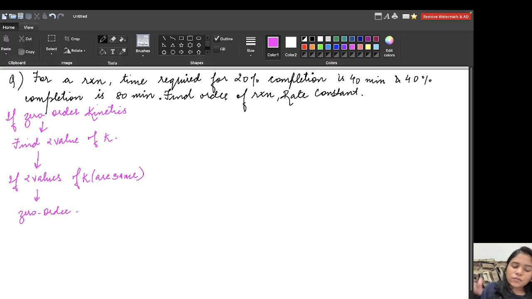And if not the same, we apply the same formula to first order. If K is the same, then it is a first order reaction. If not, we'll apply for second order, and this means it is a second order reaction.